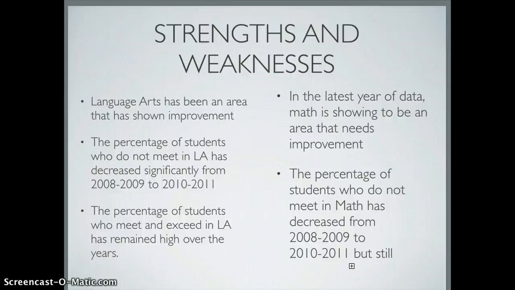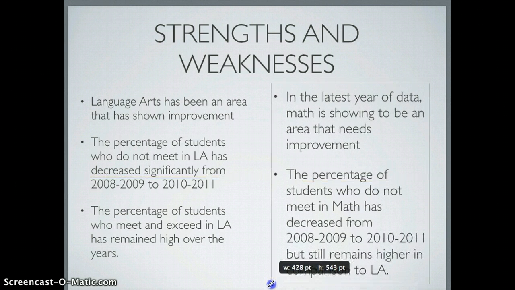In the latest year of data, math is showing to be an area that needs improvement, as we've seen in our pie chart. The percentage of students who do not meet in math has decreased from 2008, 2009 to 2010, 2011, but we still need some improvement there. So although it has decreased, we still need improvement in that area.